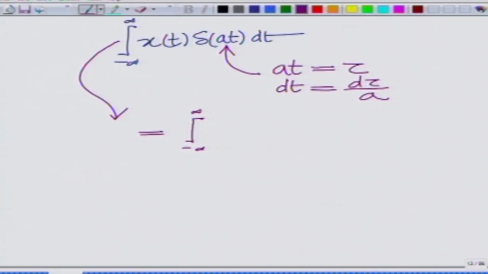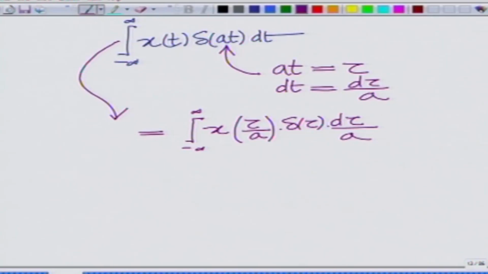integral minus infinity to infinity, t is equal to tau divided by A, delta A t is delta tau d tau divided by A. The limits still remain minus infinity to infinity, because dividing infinity by a positive constant A still gives infinity, same with minus infinity.